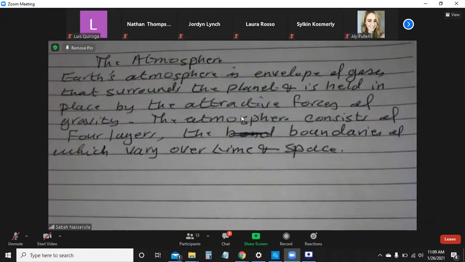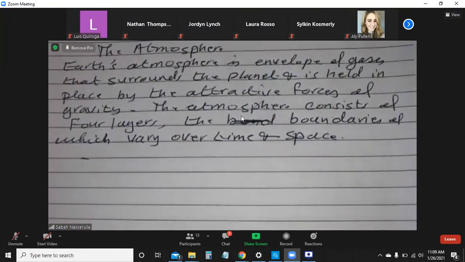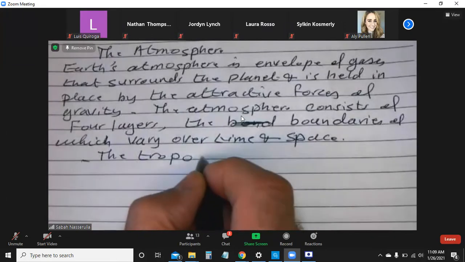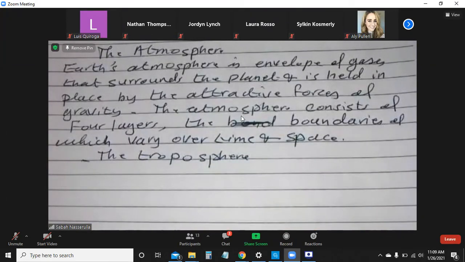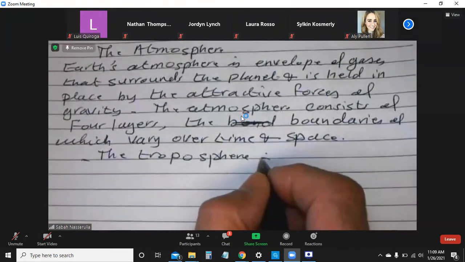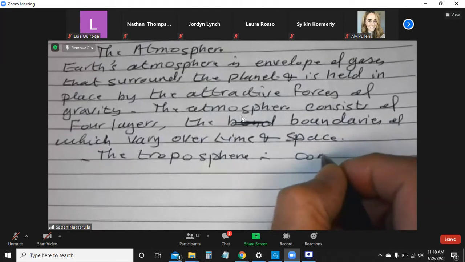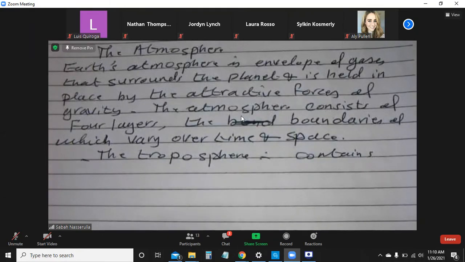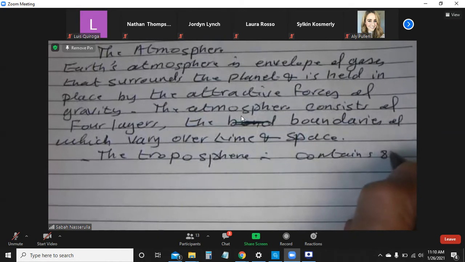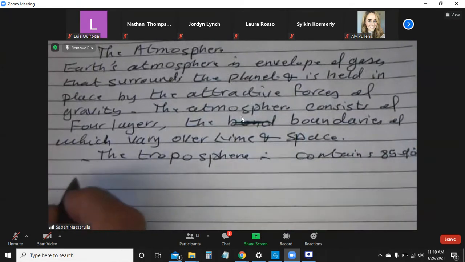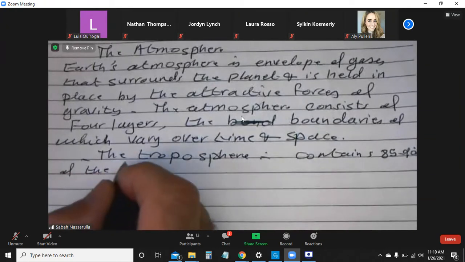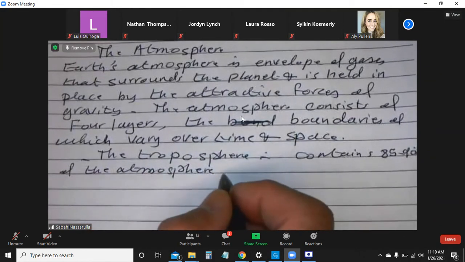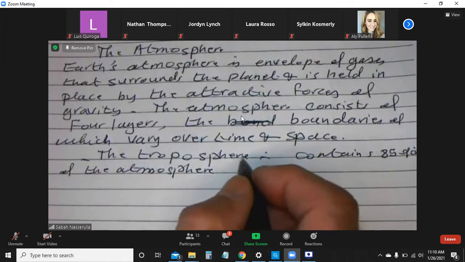Now, the troposphere contains about 85 to 90% of the atmosphere, or in other words, of the atmospheric mass.